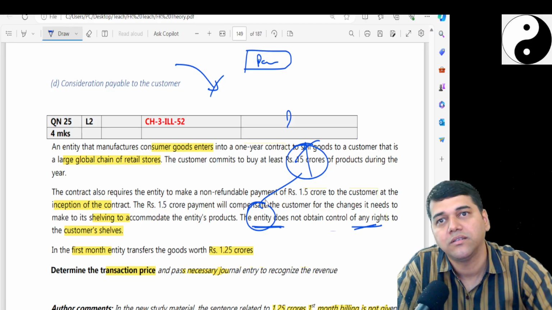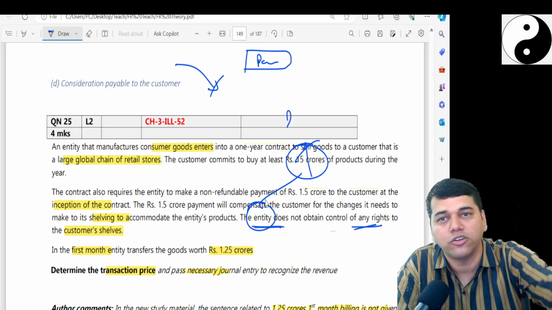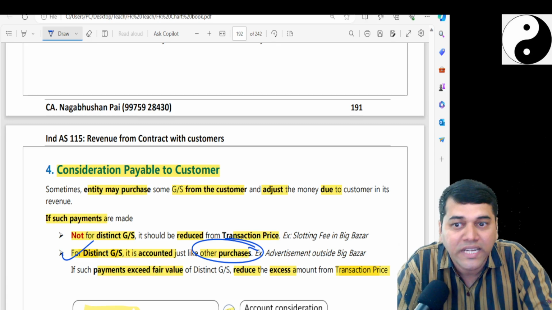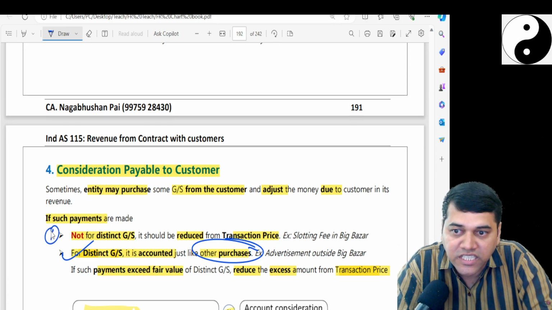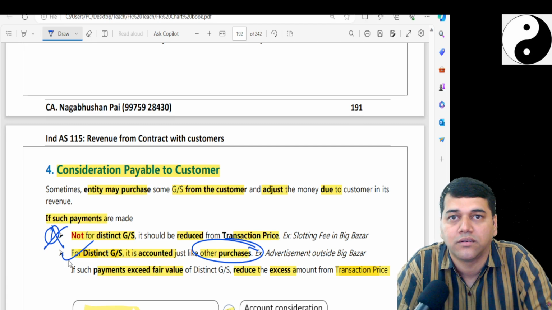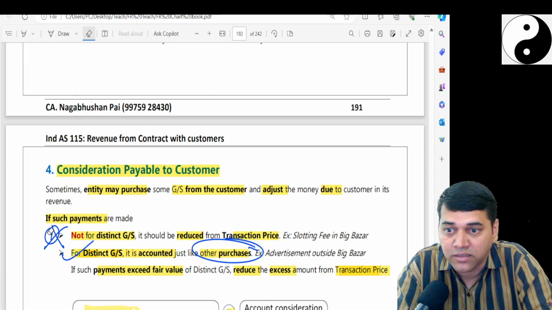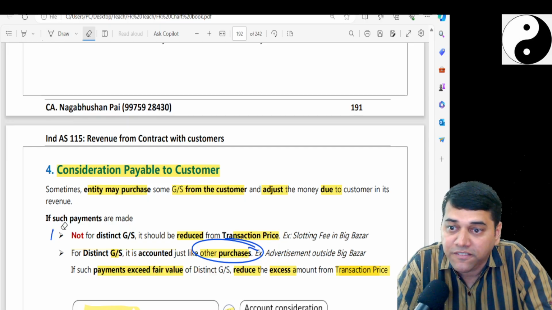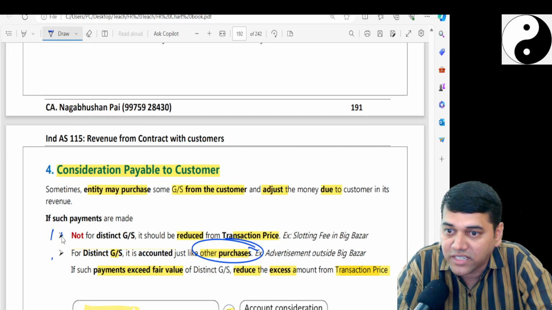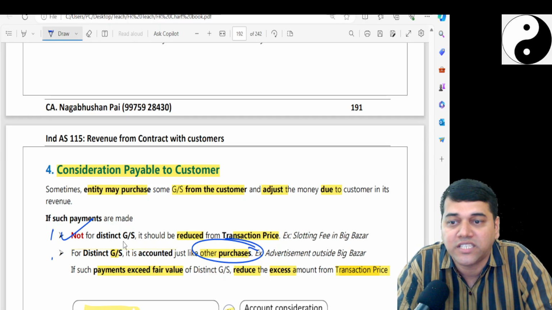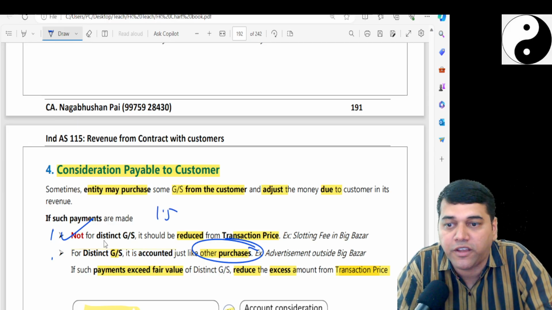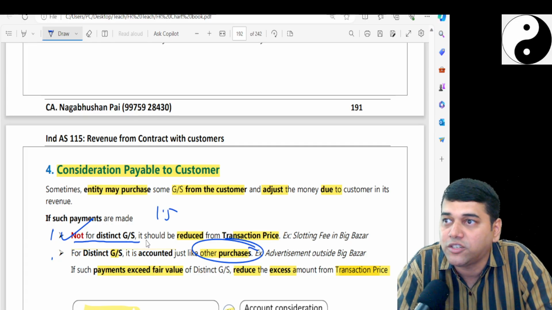The complete control is with the retailer. Since you didn't get any rights, the first condition applies here. This condition becomes applicable: not distinct. The payment made, 1.5, is not for distinct goods and service.